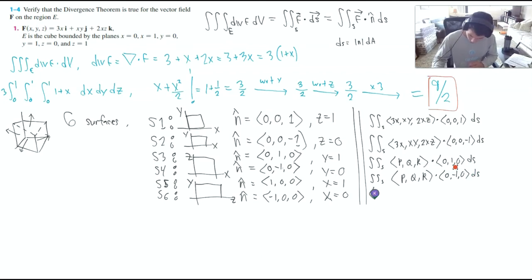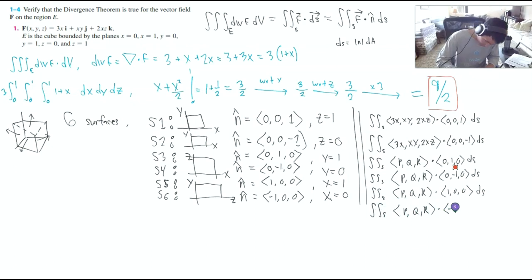And then this one will be double integral over S, P, Q, and R dot 1, 0, 0 ds. Next one, same thing. I don't know why I keep writing brackets at the integral. S, P, Q, R, negative 1, 0, 0 ds.